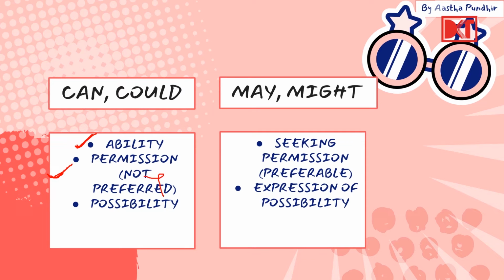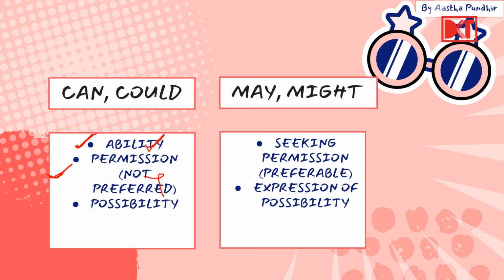Like when I say, can I come in? It is used in very backward formal cultures, but not really in the current informal and comfortable sense, because can actually refers to your ability.